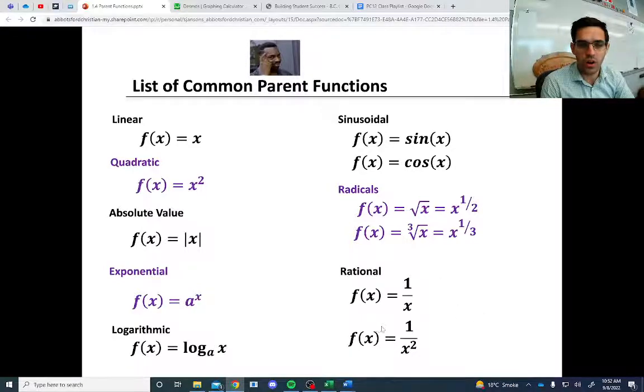We have a whole unit on rationals, a whole unit on logarithms, a whole unit on exponentials, absolute values, and a whole unit on trig. We'll get into all that stuff this semester. The stuff that I'm hoping you have some familiarity with are linear and quadratics for sure, and then potentially a little bit about the expressions for radicals. Maybe the graphs for radicals will be new, but hopefully you've seen the expressions before.